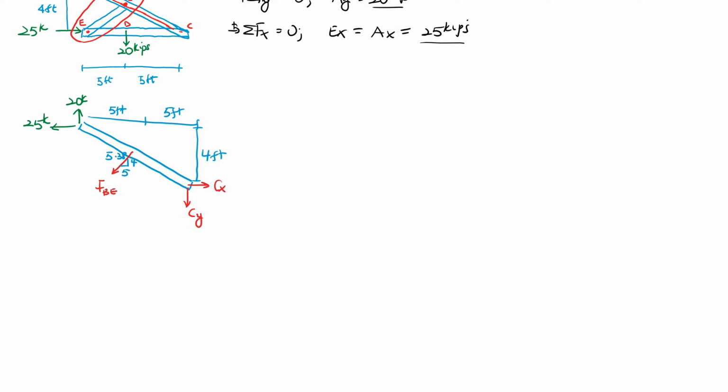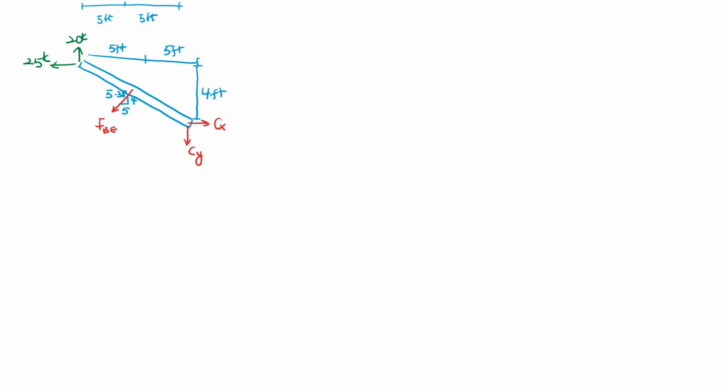All right, so the next thing to do is just sum forces, sum moments. It's as simple as that. It's pretty easy to follow. Okay, so we have summing moments about point C, and summing moments about point C eliminates CX and CY, which is 2 unknowns and makes life much easier for us.